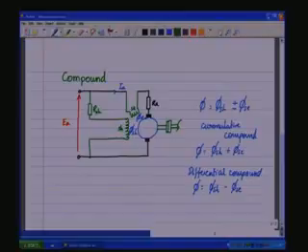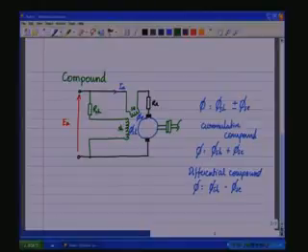Under no load conditions, IA is going to be negligibly small. So, even under those conditions, you will have the flux contributed by the series much smaller than the shunt field flux, and therefore, under no load conditions, it will act like a shunt machine. And therefore, under no load startup condition, where the series motor would run away, in this case it would be like a shunt machine, and therefore, there won't be the possibility of runaway under such conditions.